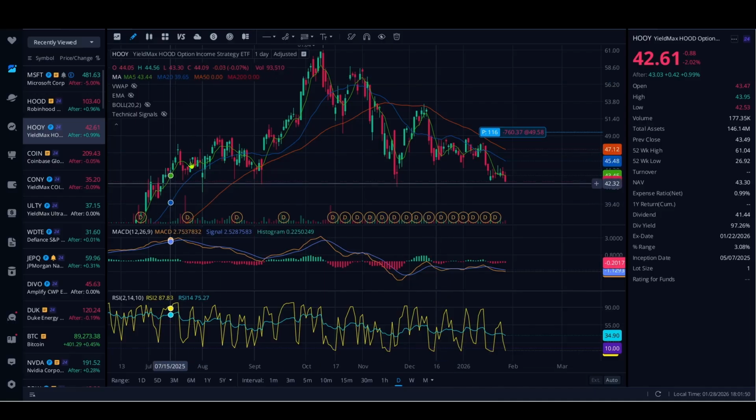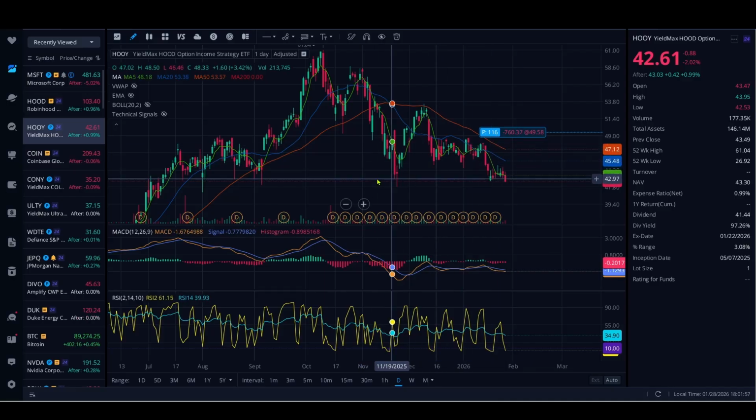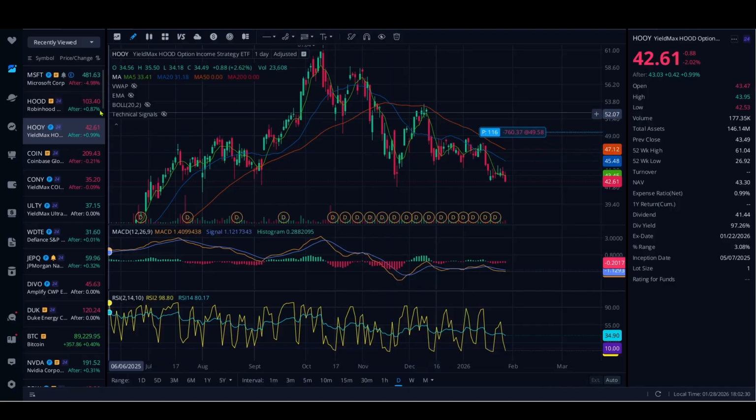As you can see, we have been trading a little down to sideways. It does have a little bit of a base here, but this again is the ETF HOOY, and to really understand where it could be going, we have to look at HOOD, because whatever HOOD is doing, it will push HOOY to do that same thing for the most part. So let's go over and check out HOOD.